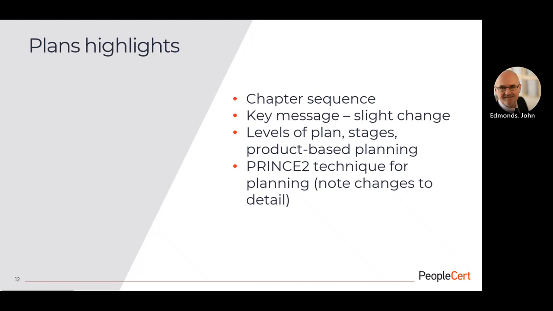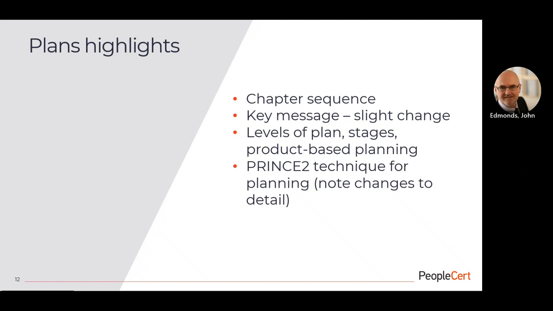The diagrams are treated a little bit differently, but fundamentally we have the same approach to stages. And then as part of the Prince 2 technique for planning, we have product-based planning as a core concept within that. The 4 steps of product-based planning are still the same 4 steps.